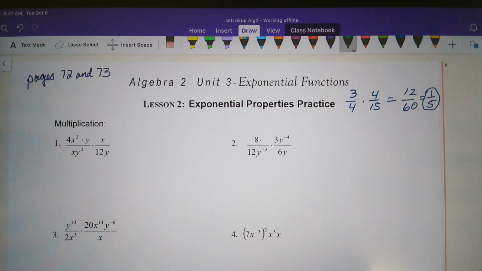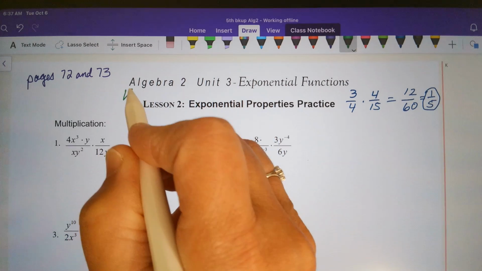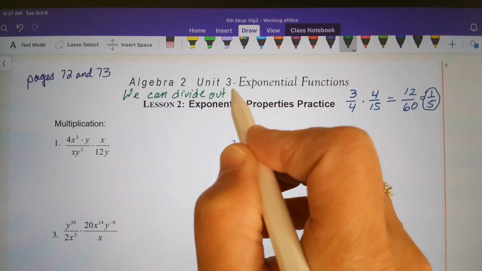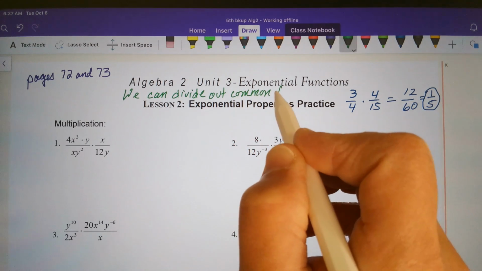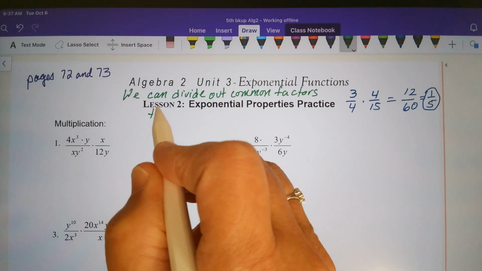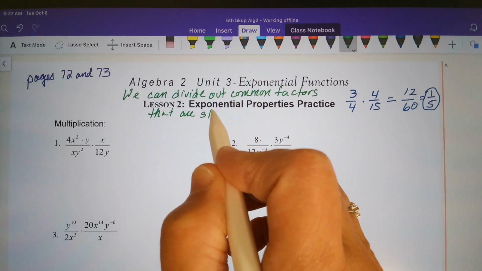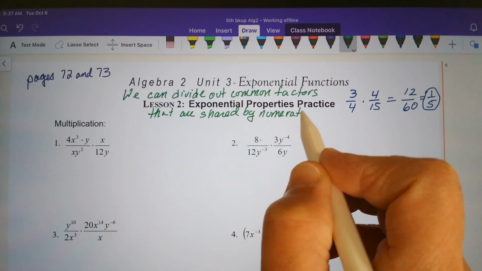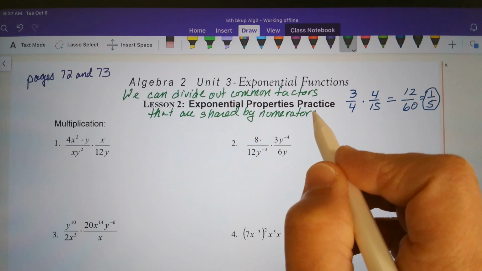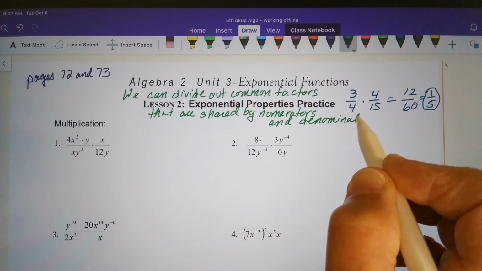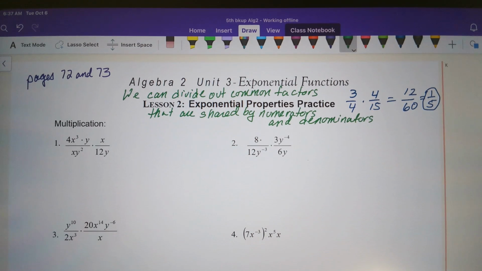But another way is we can divide out common factors that are shared by numerators and denominators.